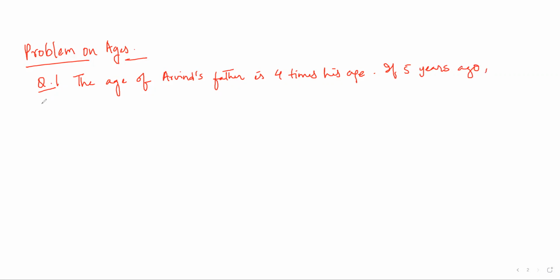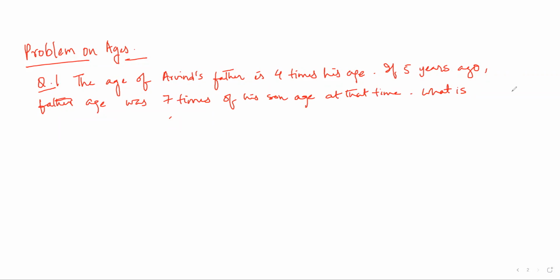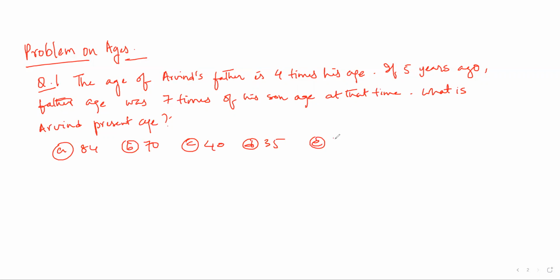If 5 years ago, father's age was 7 times of his son's age, at the time, what is Arvind's present age? The options are 84, 72, 40, 35, and none.